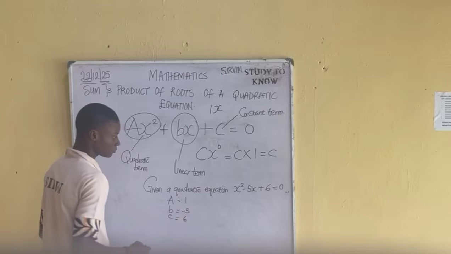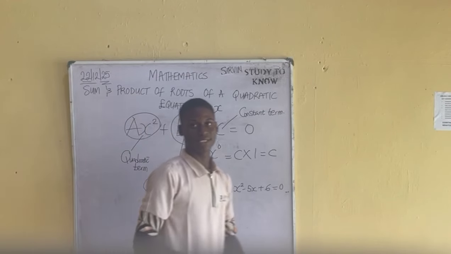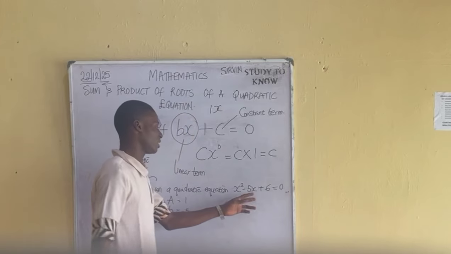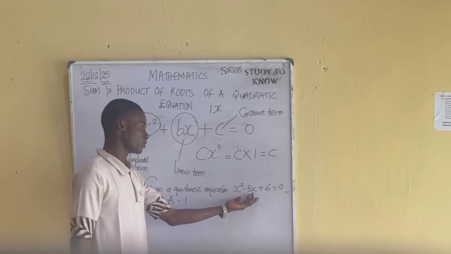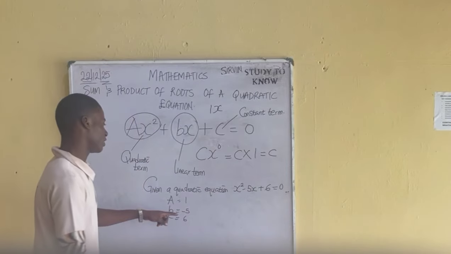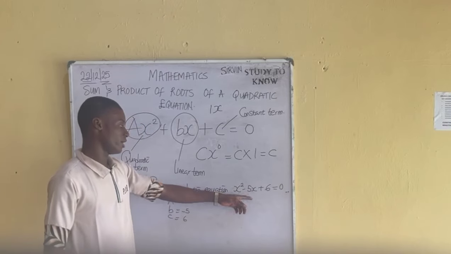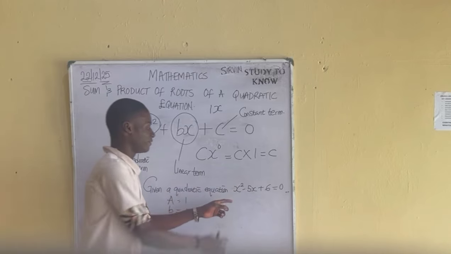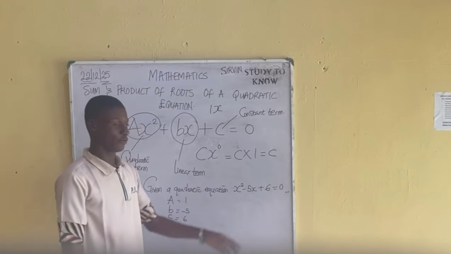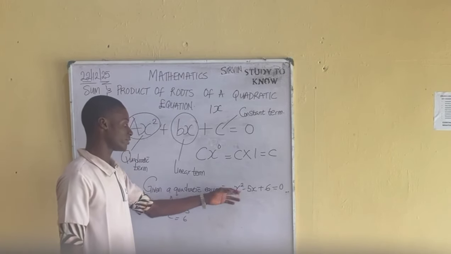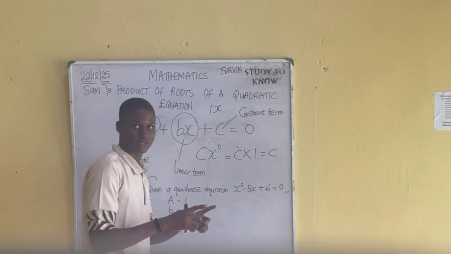Now, some students make this mistake: if you are looking at an equation and asked to get the coefficient of, let's say, this B, you just say 5, ignoring the minus. 5 and minus 5 are not the same. If you use 5 where you are supposed to use minus 5, the answer will not be correct.